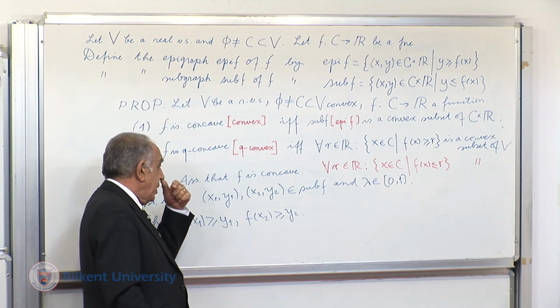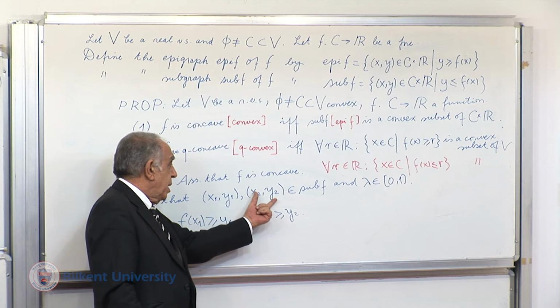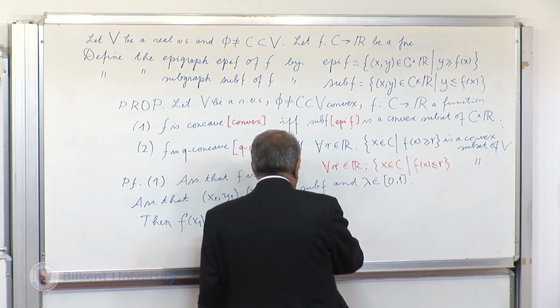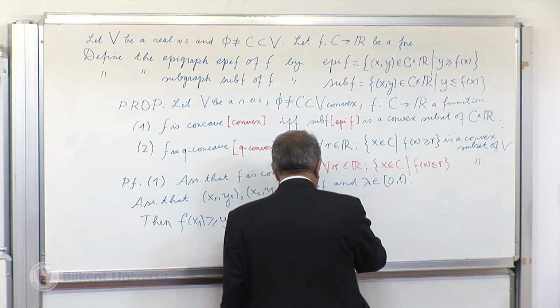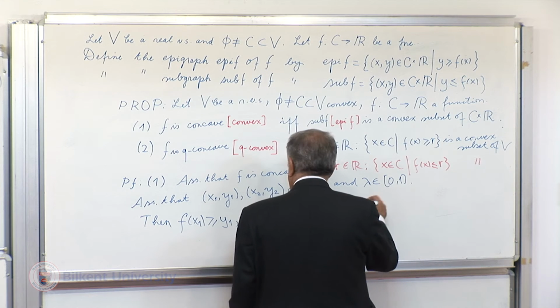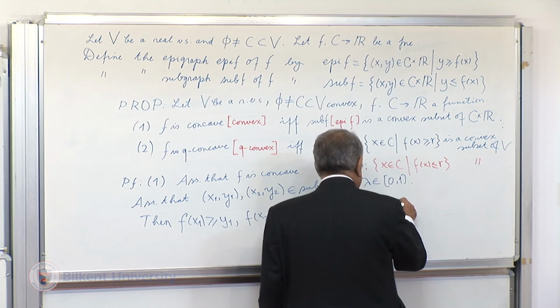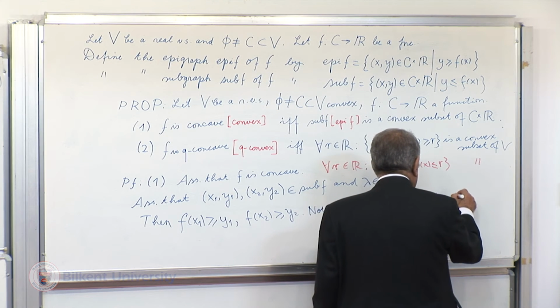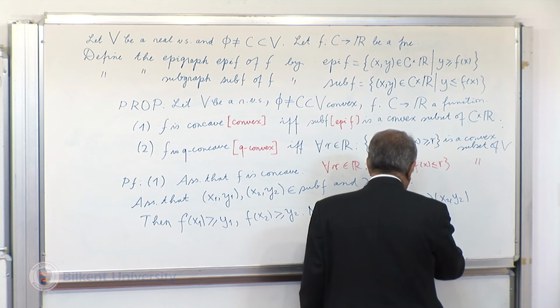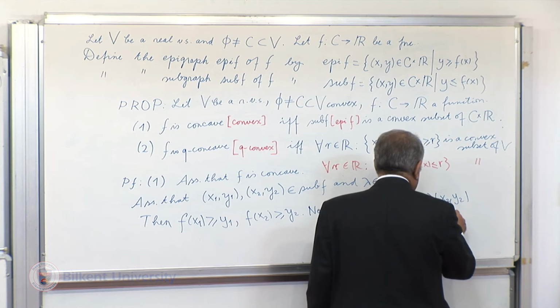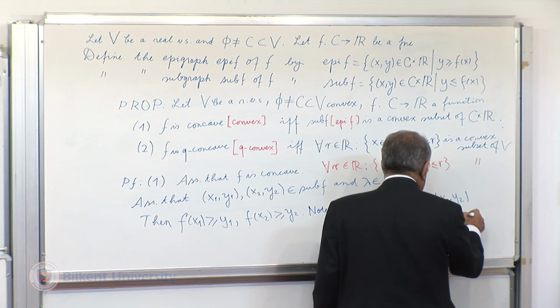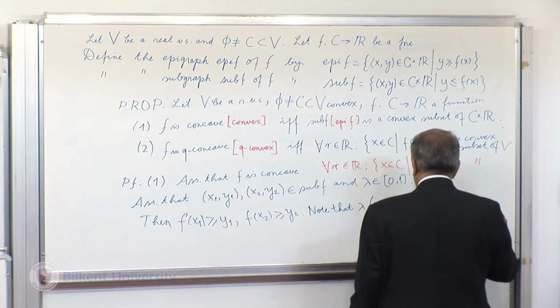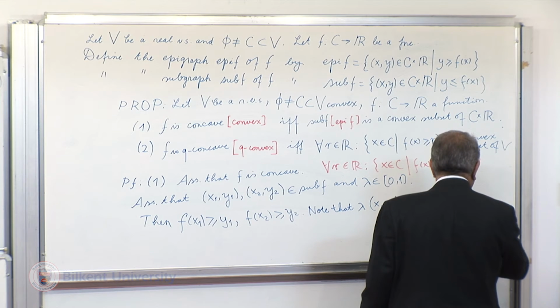But according to the definition, note that lambda x1, y1 plus 1 minus lambda x2, y2 is equal to lambda x1 plus 1 minus lambda x2, and this is lambda y1 plus 1 minus lambda y2.